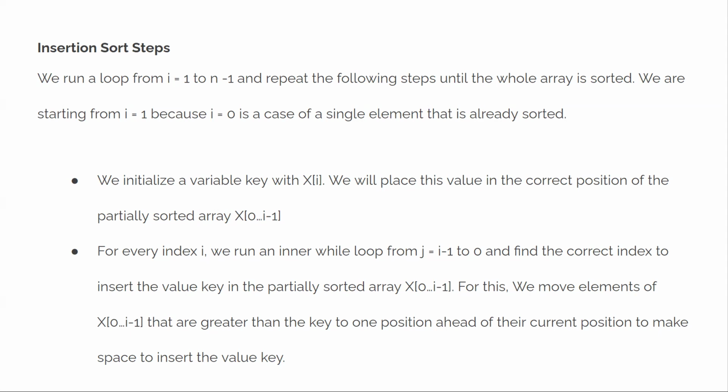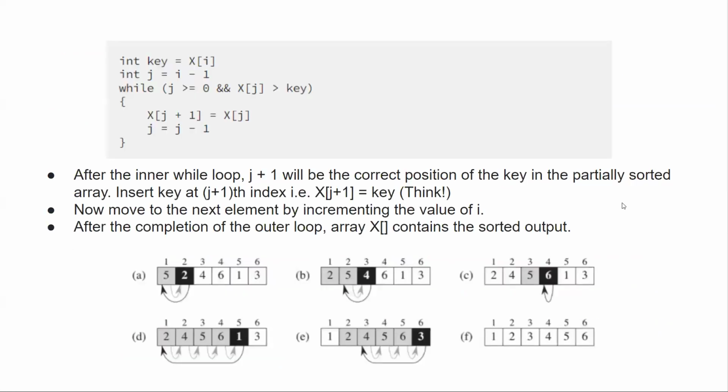For this, we move elements of x from 0 to i minus 1 that are greater than the key to the position ahead of their current position to make space to insert the value key. And after the inner while loop, j plus 1 will be the correct position of the key in the partially sorted array.